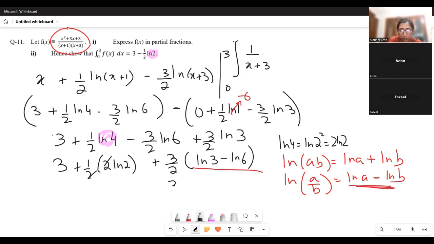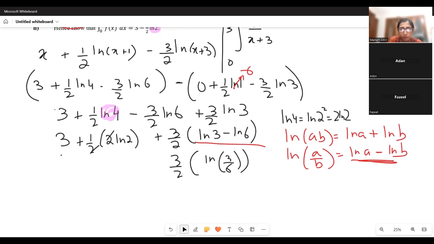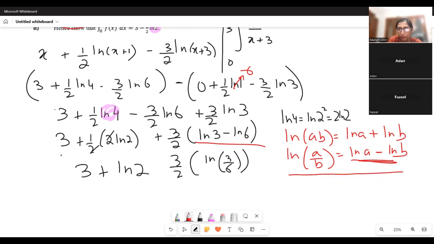So we can write it as ln 3/6, which is half. So we have 3 plus ln 2 plus this. अब मैं बाकी वर्किंग इधर कर रही हूँ. I have ln 3/6, which is ln half, which is ln 2 power minus 1, which is minus ln 2.